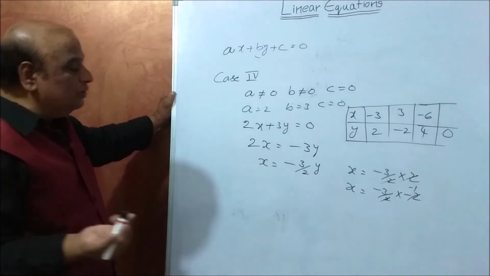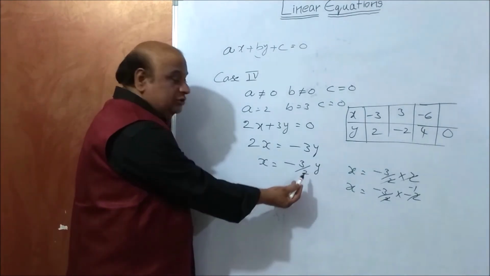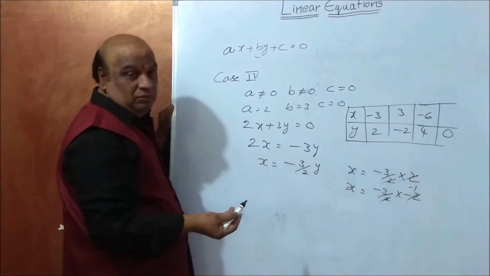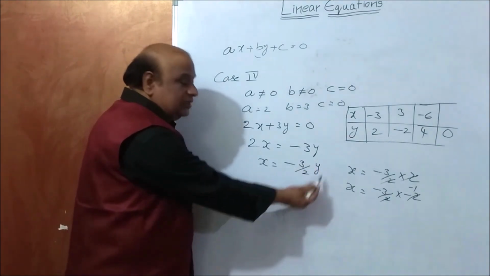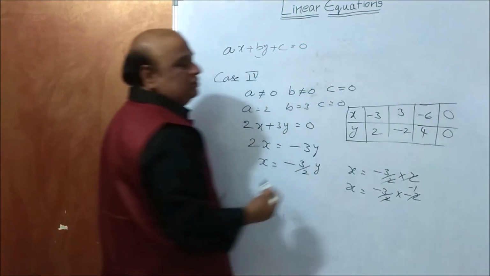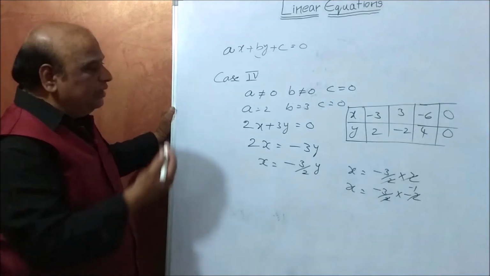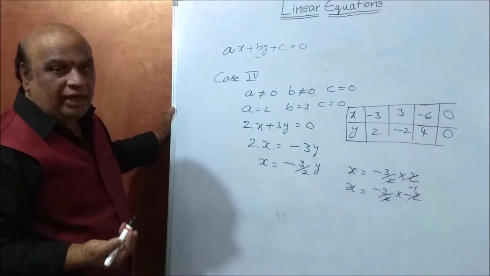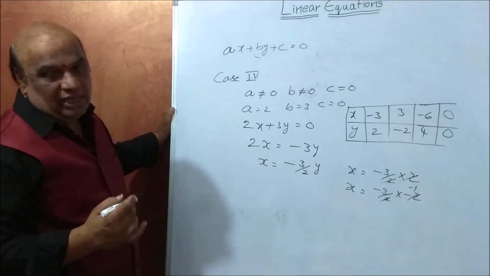If you multiply with 0, 0 into anything is 0. If you take y value 0, total it is 0, so x is also 0. This is nothing but the origin. In this case also, can we draw a line or not? I will show in the graph sheet.